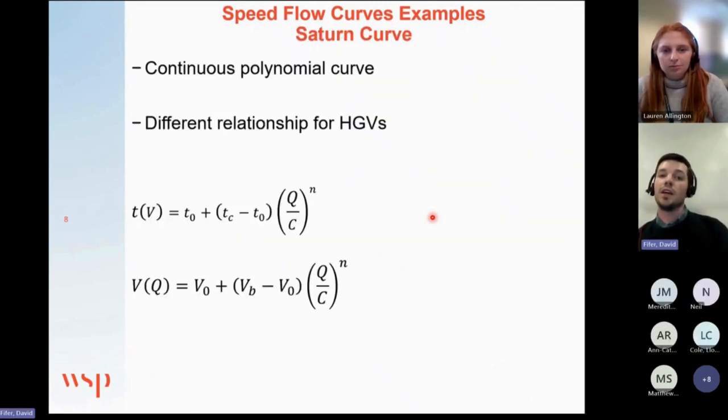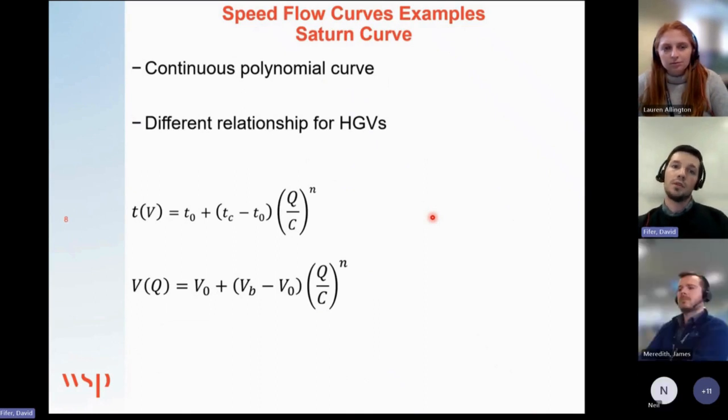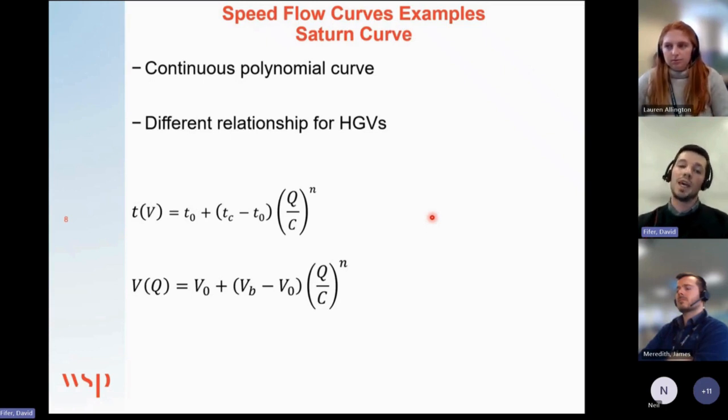And if we look at the SATURN curves, these take a completely different form. They needed to be continuous polynomial functions. These are a volume delay function, but can be written as a speed flow curve, which is shown here. And these use the parameter n to try and fit them to the TAG curves to be similar.